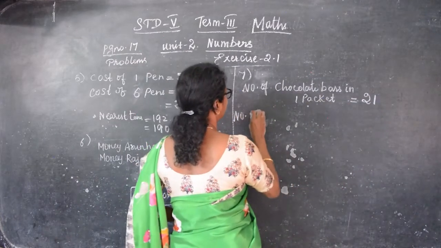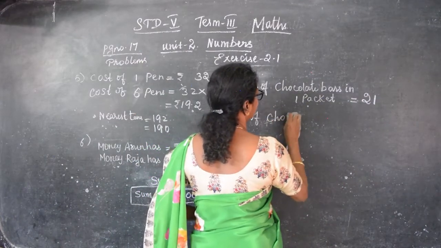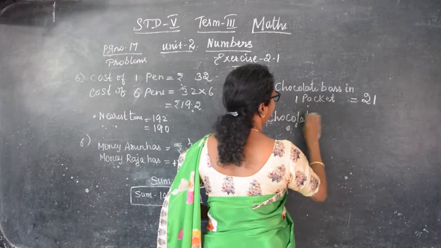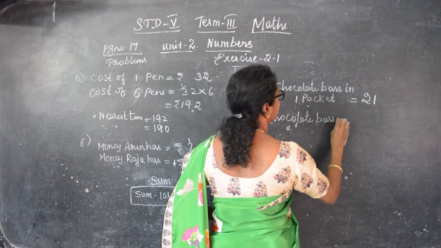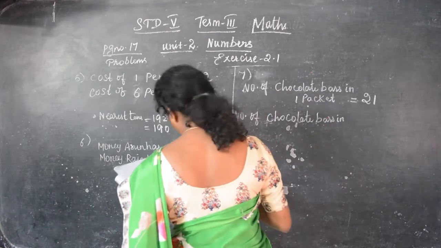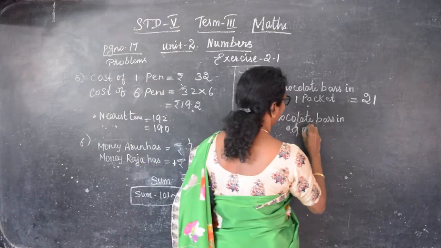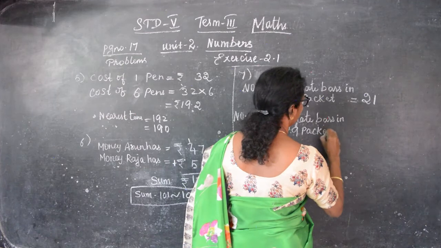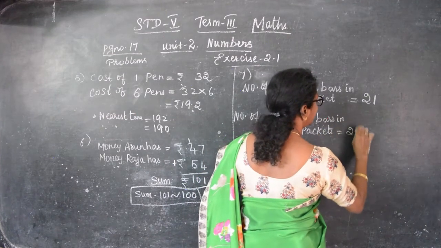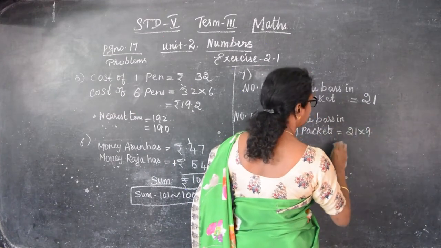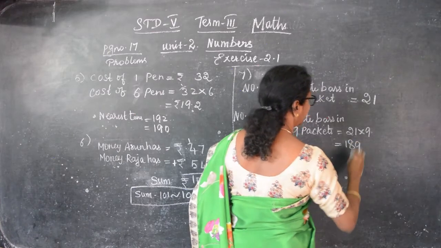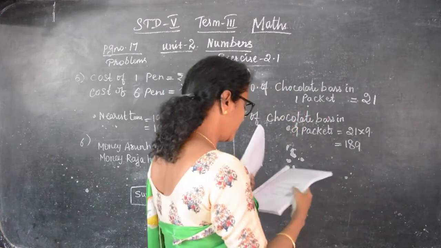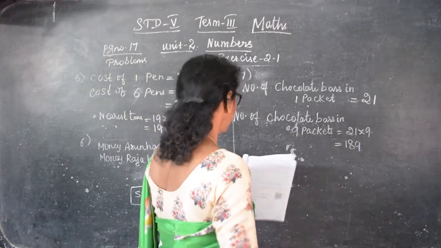Number of chocolate bars. How many packets? In 9 packets, that is equal to 21 into 9, 189. So they asked to write in nearest hundreds place.